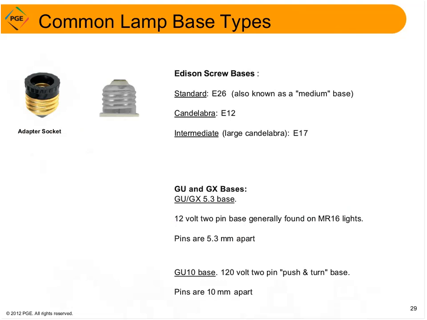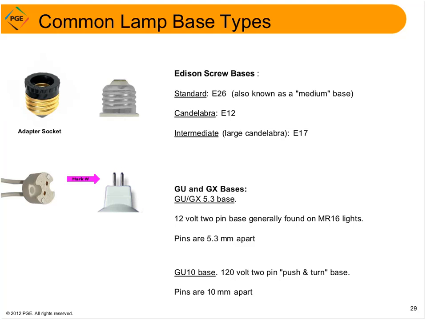Most of your larger PAR lamps come with your standard Edison screw base. Many of the smaller candelabra styles have a smaller base, and you can always get an adapter socket if you need one. The MR16s are typically low voltage, and they come with pin bases like this.